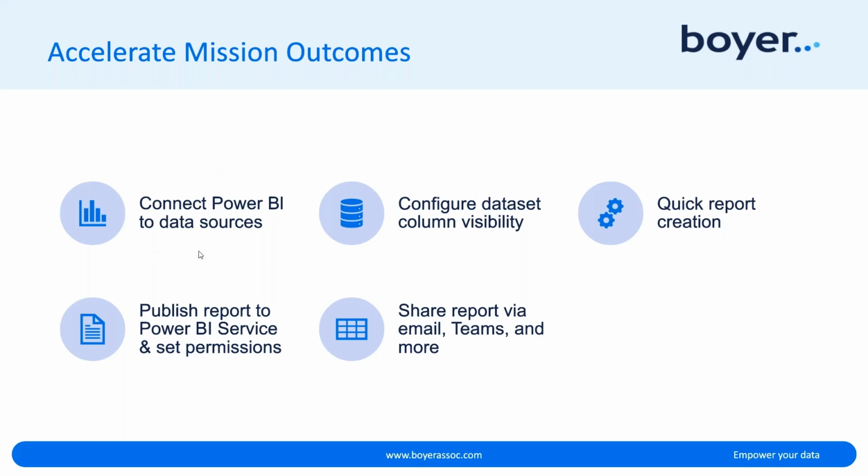We're going to start by connecting Power BI to a data source, configuring dataset column visibility to select which columns from that data source will be in our report. Then we're going to quickly create a report and then publish that report from Power BI Desktop to the Power BI service in the browser and set permissions so that we can share the report via email, Teams, and more.